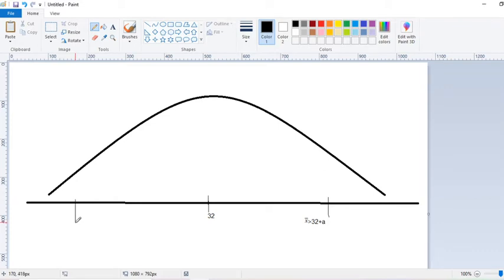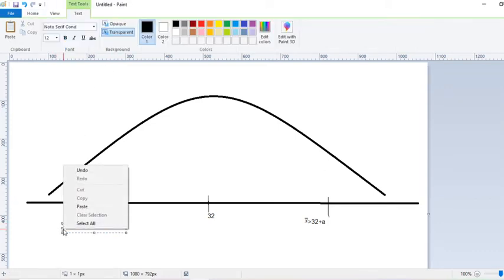And x bar less than 32 minus a is to the left of 32, while the other is to the right of 32.